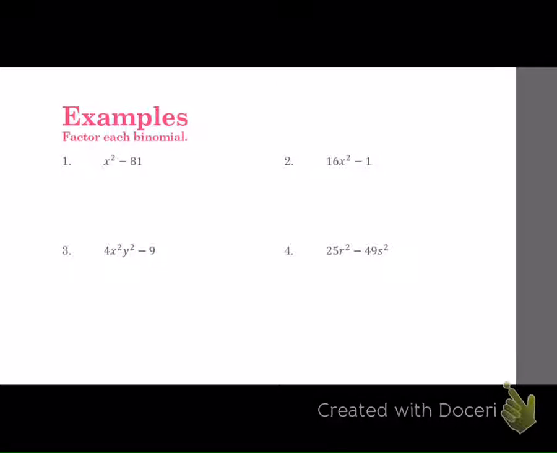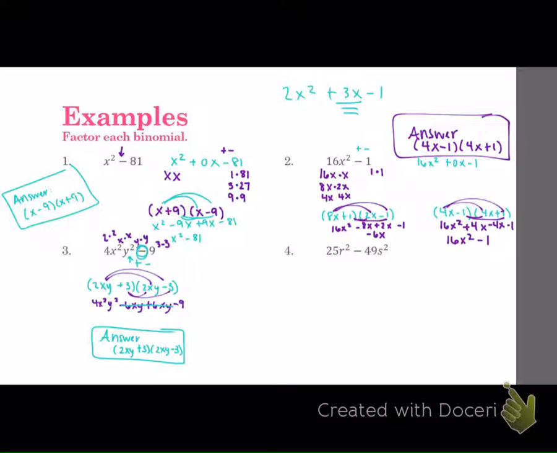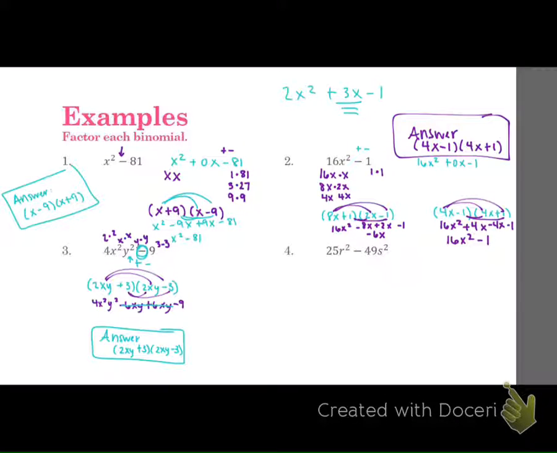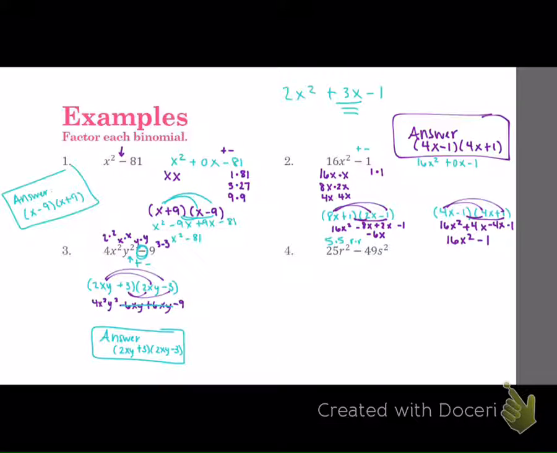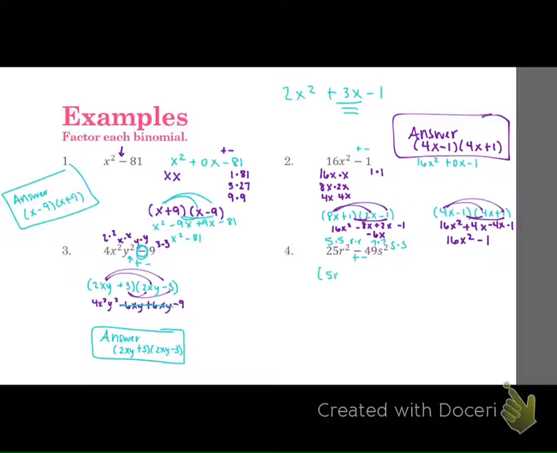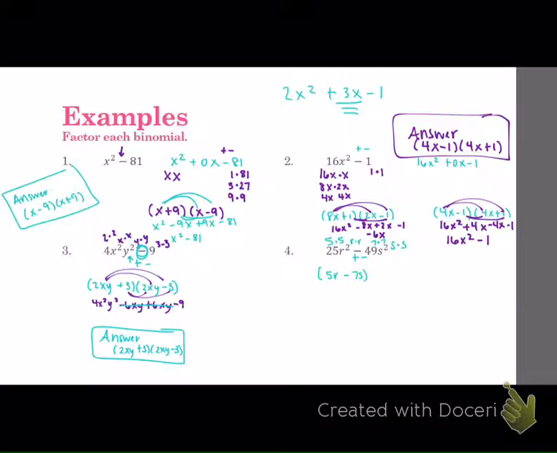It's too hard. I give up. So, 5 times 5 makes 25 a perfect square, and r times r makes r squared a perfect square, right? 7 times 7 makes 49 a perfect square, and s times s makes s squared. So we know the sign should be opposite, so you should have gotten 5r minus 7s and 5r plus 7s.